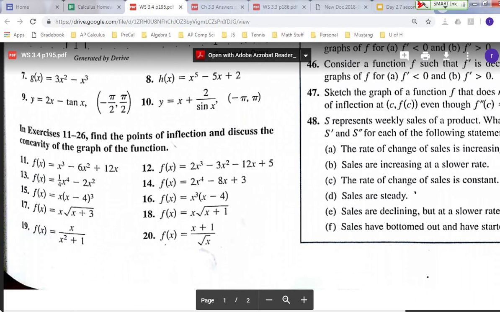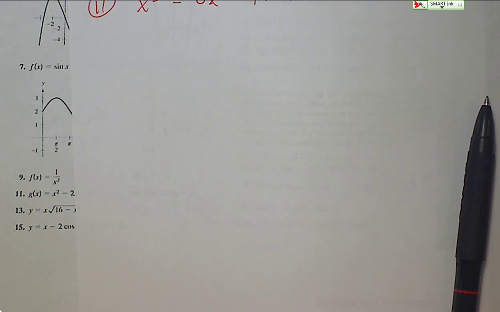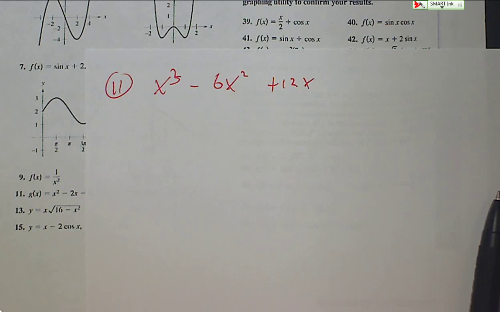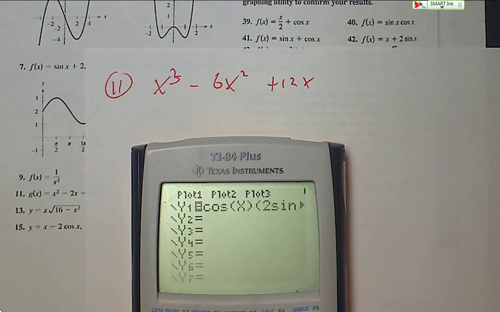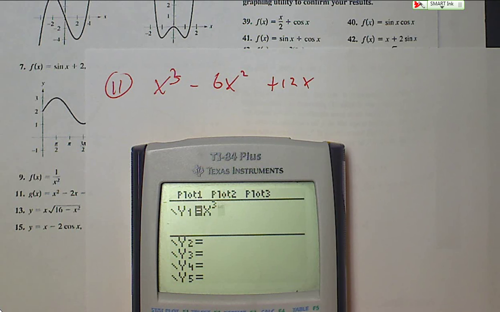I want to know where that has points of inflection and talk about its concavity. Let me graph it first so we have a visual of it, and we can see if our answers make sense. So x cubed minus 6x squared plus 12x.